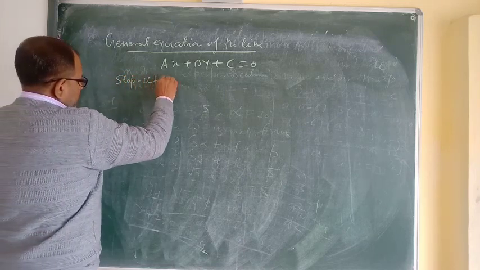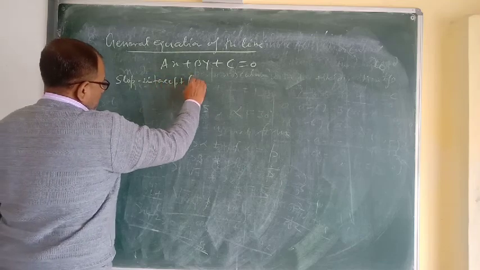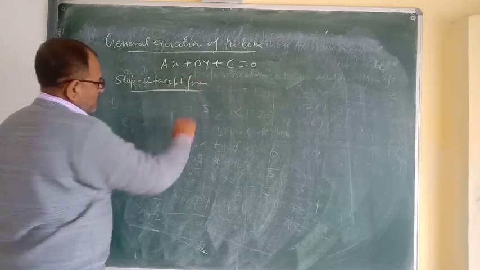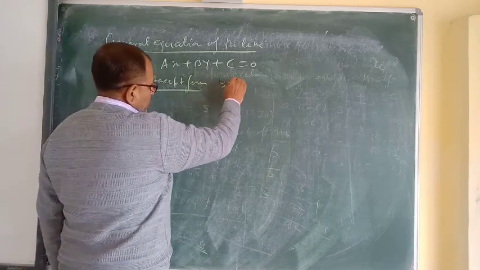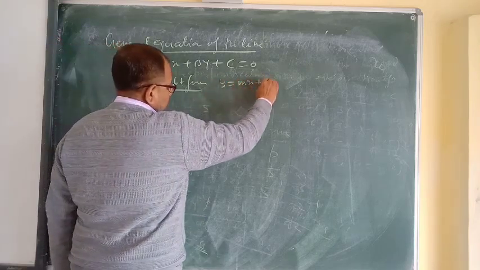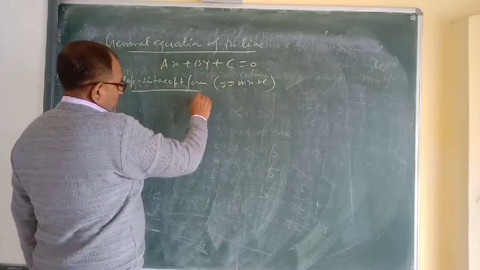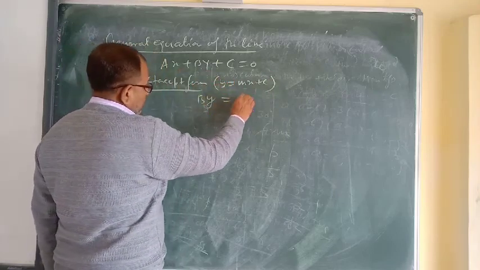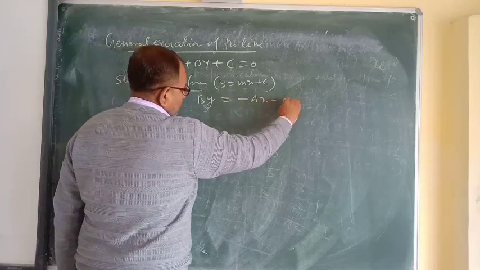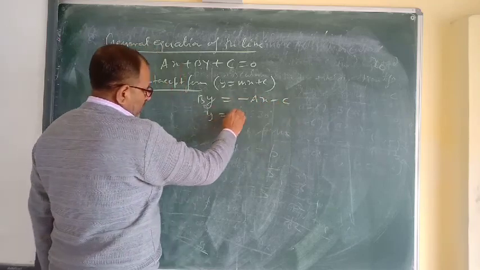Slope intercept form. We have to reduce it in the slope intercept form. Slope intercept form is what? y is equal to mx plus c. So transpose all the terms except y on the right side. So it is minus ax minus c. What will be y?